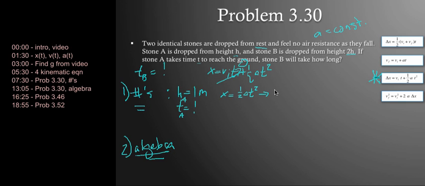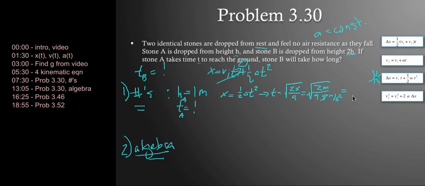And we just rearrange this, solve for t, so t is going to be the square root of 2x over a. And now we just plug in what we know. So here we got 2 times 1 meter, and then a is just gravity, 9.8 meters per second squared.